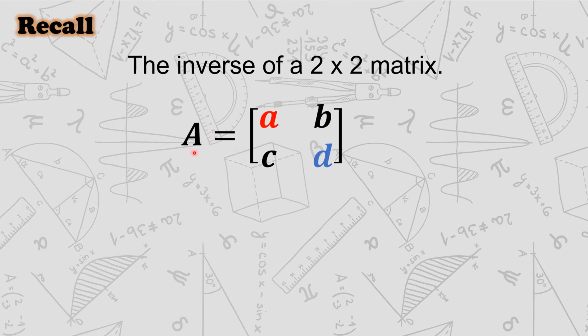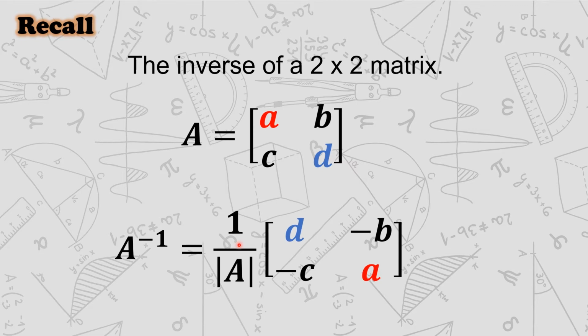The inverse of matrix A is given by 1 over the determinant of matrix A times the matrix where the main diagonal elements are switched from the original matrix A, and the other diagonal have elements which are the negative of the elements in original matrix A.